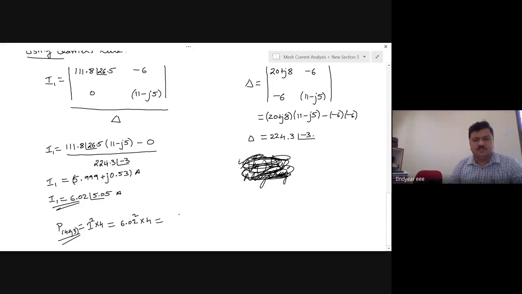Power should always be a real quantity. Power should never be complex. So power should always have only the magnitude. It should not have an angle. It should only have the real term, not any imaginary term. Because it is a multiplication, I should be multiplying only two real terms. Now why don't I consider the angle here? Any reason?